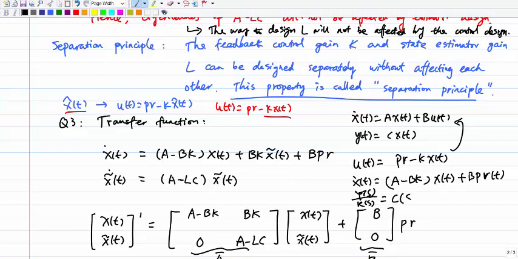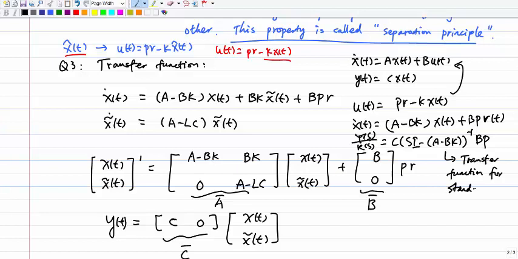It is just C times (sI minus (A minus BK)) inverse times B. That's my transfer function for the standard state feedback control system.